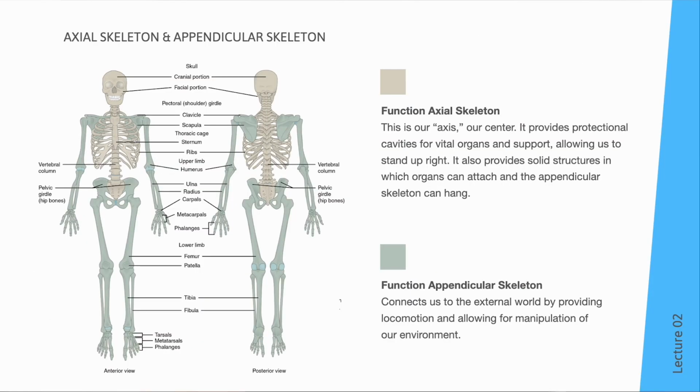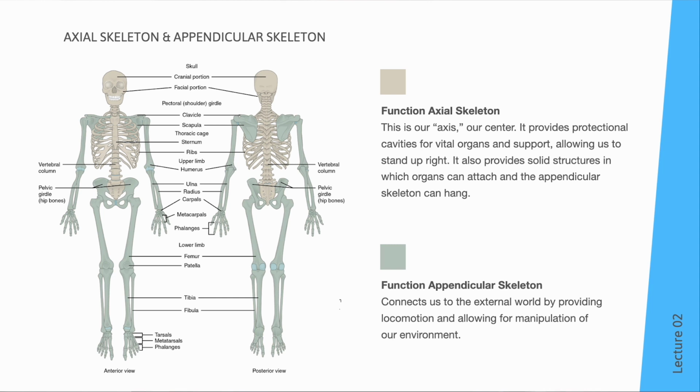And when we look now here at this slide, we divide the skeleton in two parts: the axial skeleton and the appendicular skeleton. That simply means everything that is at the axial is part of the axial skeleton.